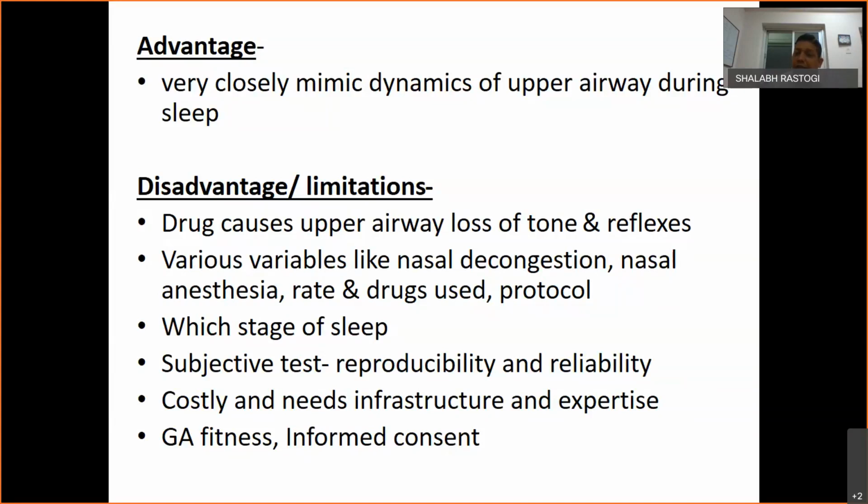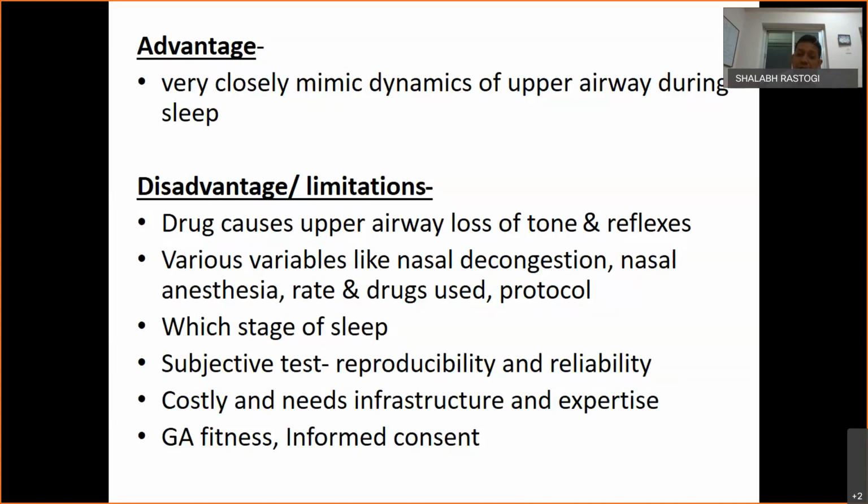Another thing is there are various variables in DISE, like nasal congestion, whether you give nasal anesthesia, what are the drugs used, at what rate, what is the protocol, and which stage of the sleep you are monitoring them. It's a subjective test, so inter-observer variability is there. There's a question mark on the reproducibility and the reliability.